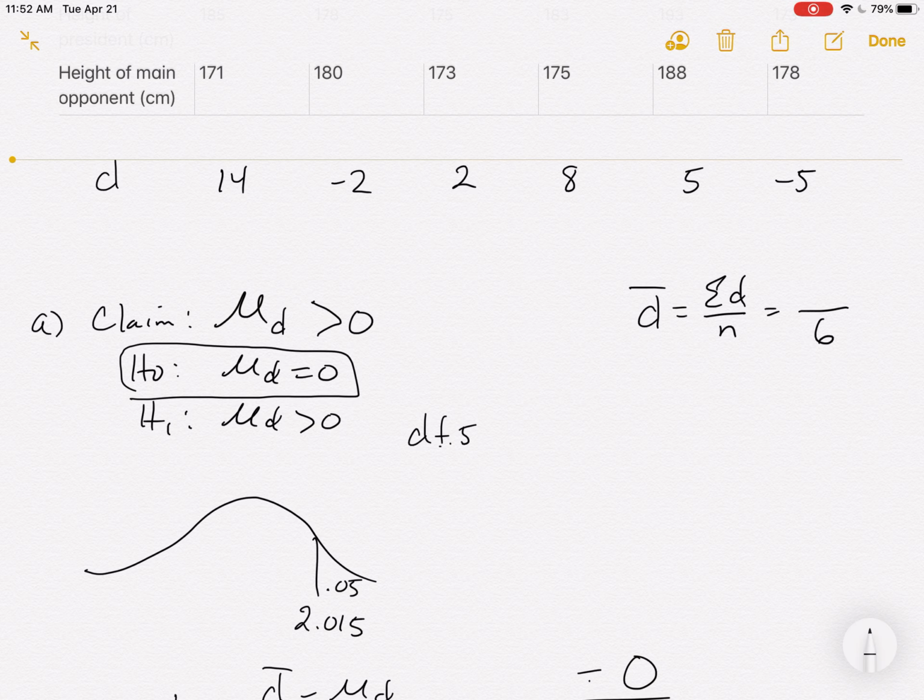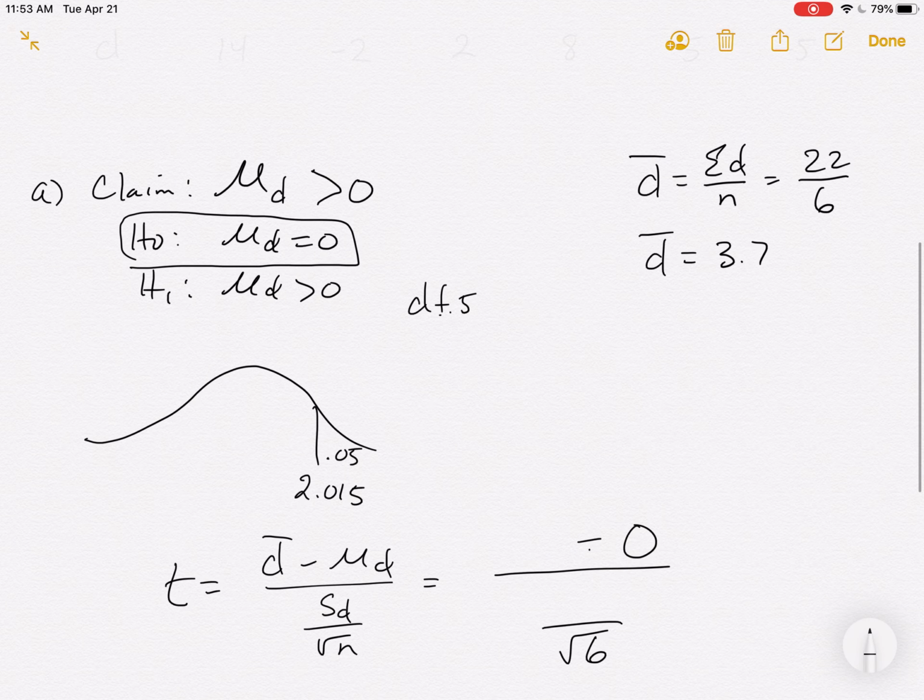Well, let's go find out what the sum of the d's is. It's 14 plus negative 2 plus 2, so minus 2 plus 8 plus 5 minus 5, and we end up with 22 as our sum. 22 divided by 6 is, and they'll round their d bars to 1 decimal place beyond the original set of data, so 3.7. They'll go back to that chapter 3 rounding rule.